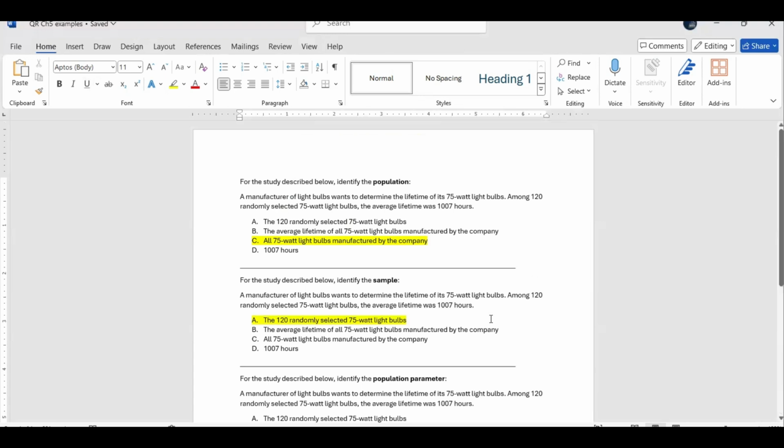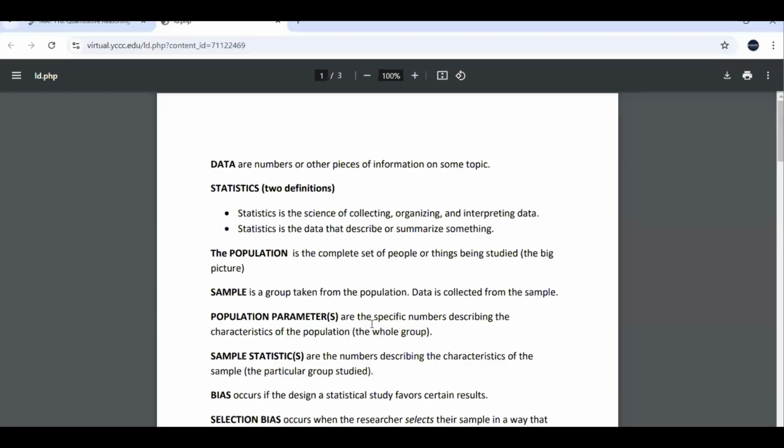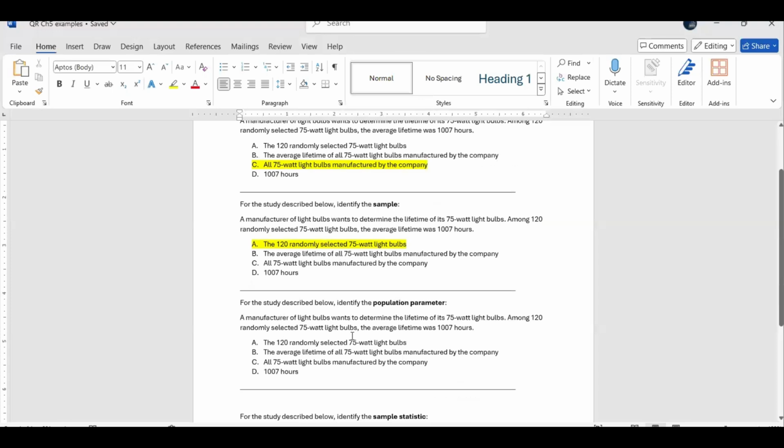Okay, so next up we are asked to identify the population parameter. Let's double check what that definition is. Population parameter, or parameters, there might be more than one, are the specific numbers describing the characteristics of the population, which is the whole group. So remember that the population is all of the 75-watt light bulbs.